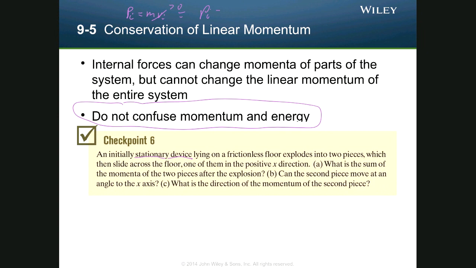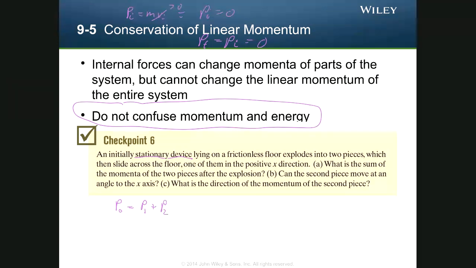Now the conservation of momentum says that the total momentum of the system, P final, has to equal P initial, and therefore must also equal 0. To understand what this looks like, P of the object equals P of 1 plus P of 2. We don't know anything about these yet, we're just being very general.